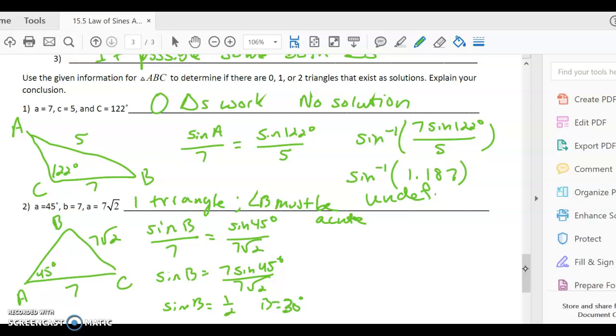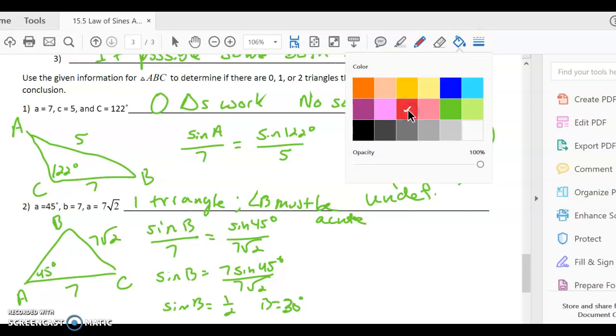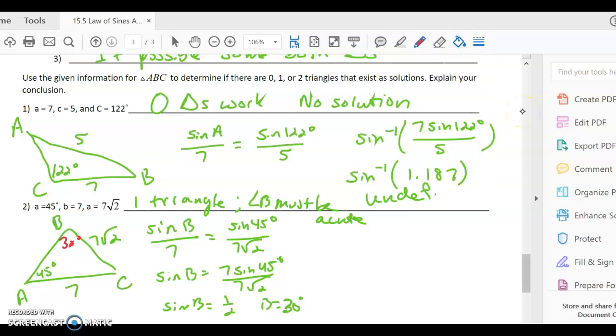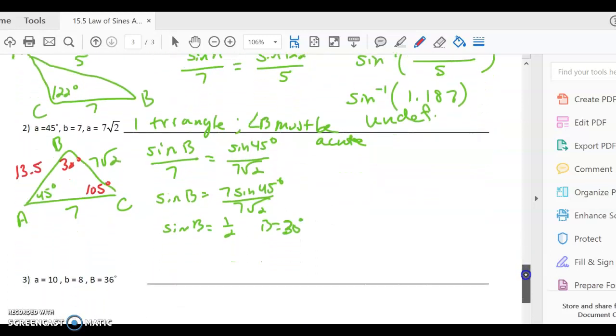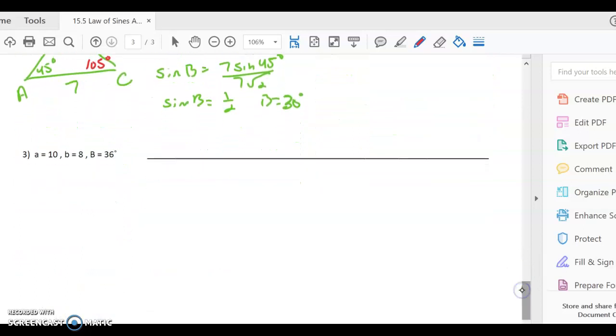Now, if we wanted to, for time's sake, I'm not going to do this, but we could go through here and find that's 30, and then we know this is 105, and then do the law of sines again, and basically you'd get this to be 13.5, but I'm not going to spend time doing that. Now we go on to example 3.